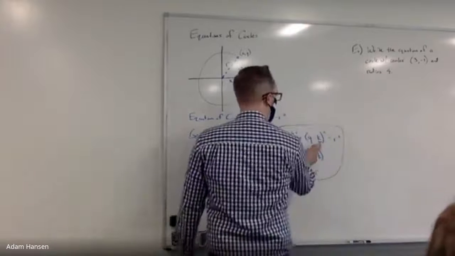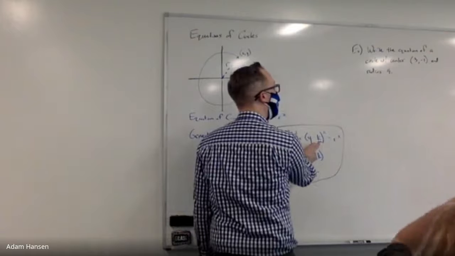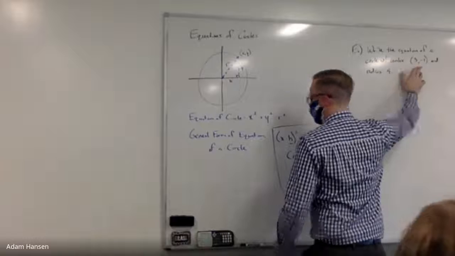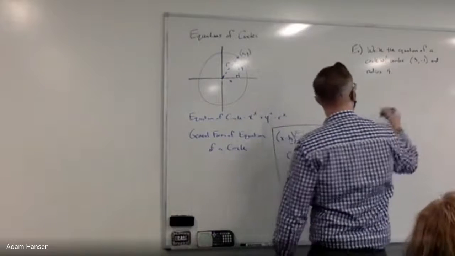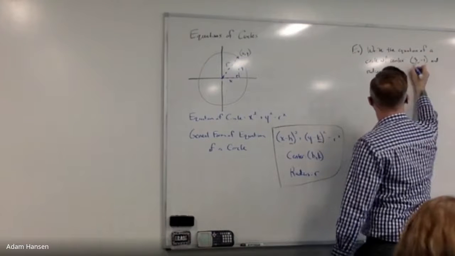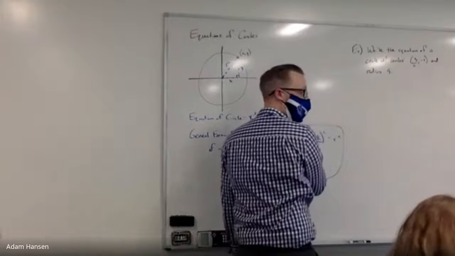We need to substitute the center in for h and k in this expression here. What's the x-coordinate from our center value? That's the y coordinate. Which one's the x coordinate? Should be 3. I'm going to replace h with 3 in this form of the equation here.